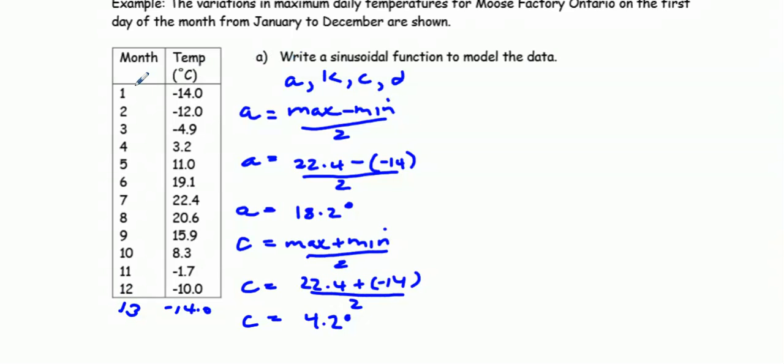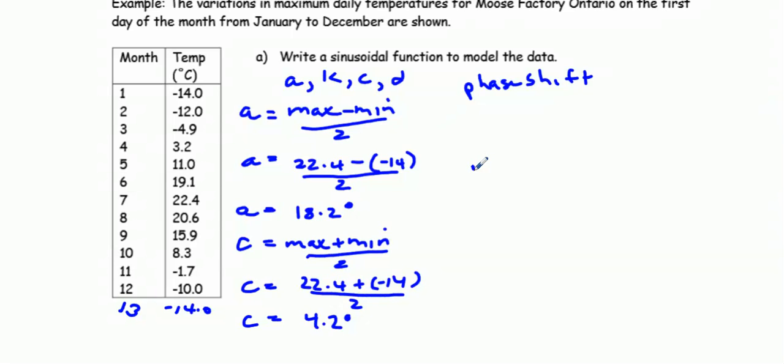So the problem is that we don't start at month 0, which means there is a little bit of a phase shift, even if we do want to reflect and start at our minimum, use cos and start at our minimum. So for D, let's just say phase shift, we are going to have to figure out our period, and let's put off the phase shift for a second because we do need to figure out what our period is.